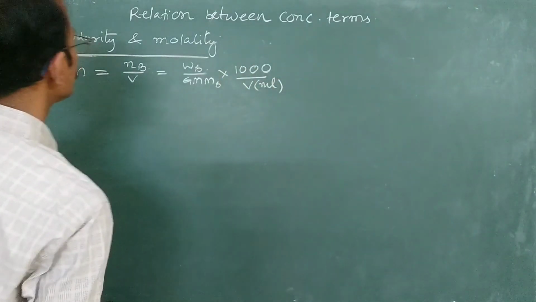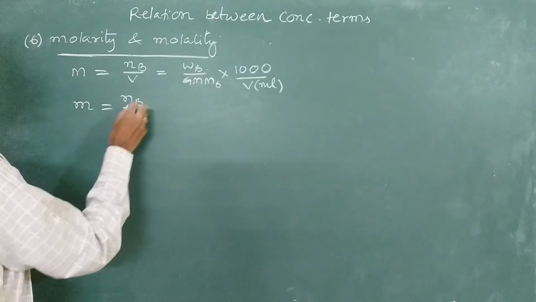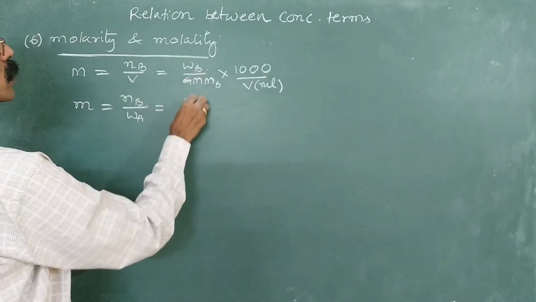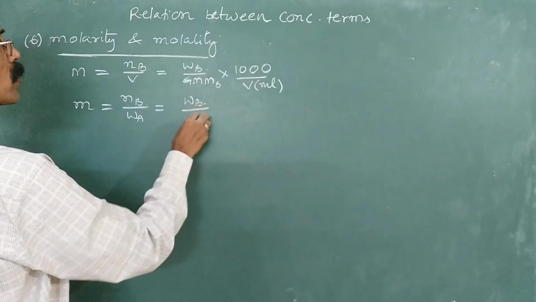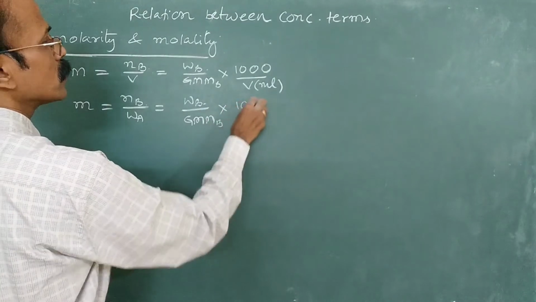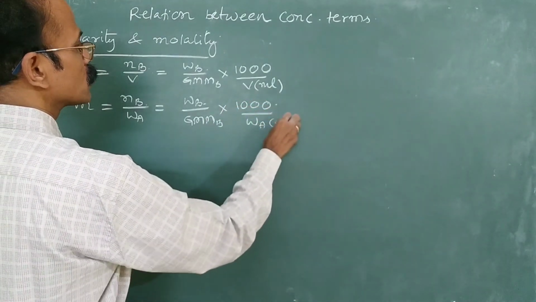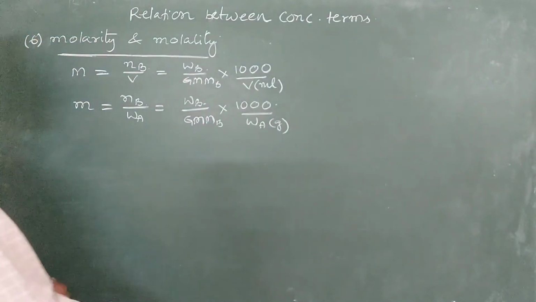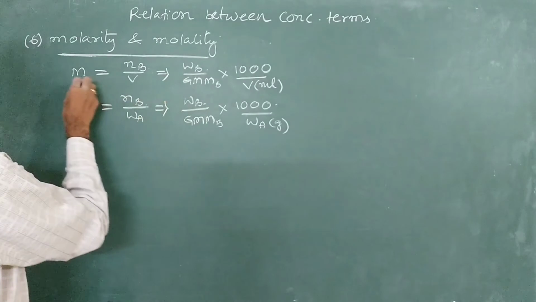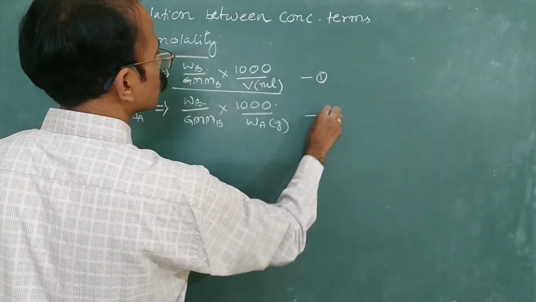Similarly, molality is equal to the number of moles of solute divided by the mass of solvent in kg, so mass by gram molar mass into 1000 by mass of solvent in gram. So this is the other formula. Now divide equation 1 by equation 2.